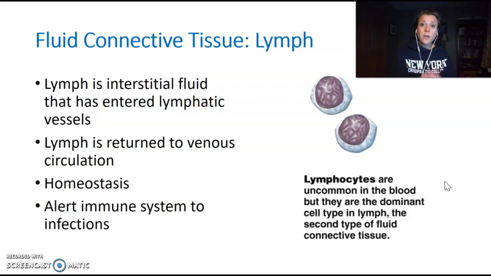But we don't want all of that fluid to hang around because our body tissues are dark and warm and wet, and that would be a really great place for infection to occur, for bacteria to grow. So instead, all of this fluid drains into our lymphatic system. And as the fluid drains into our lymphatic vessels, it gets passed through the lymphatic system and it gets filtered out by our lymph nodes.